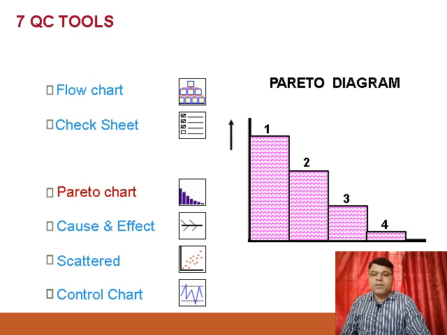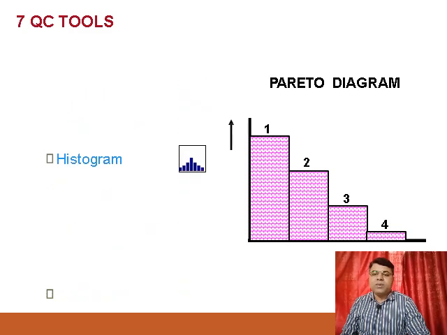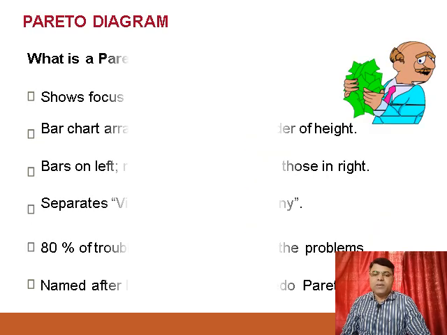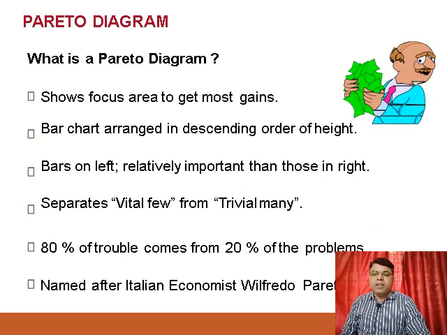Then the next 7QC tool is the Pareto chart. The Pareto chart is one of the most important tools used in problem solving and quality. It focuses on the most gains, meaning whatever most gains we require from our problem, we have to use the Pareto diagram.